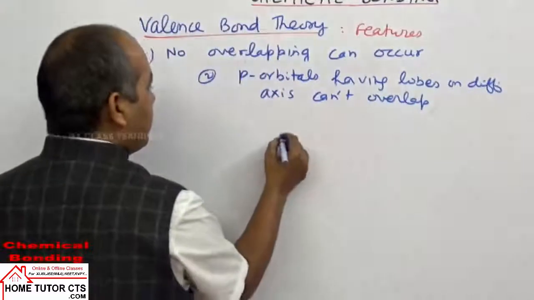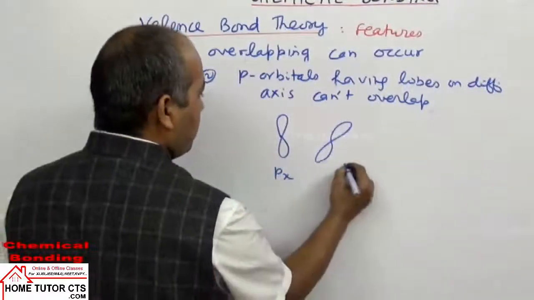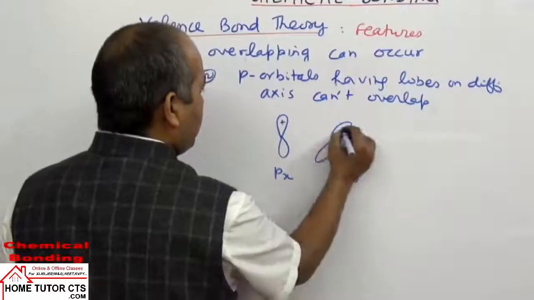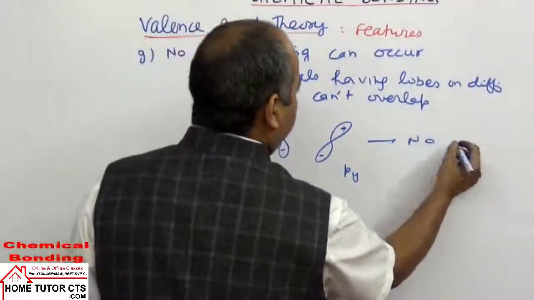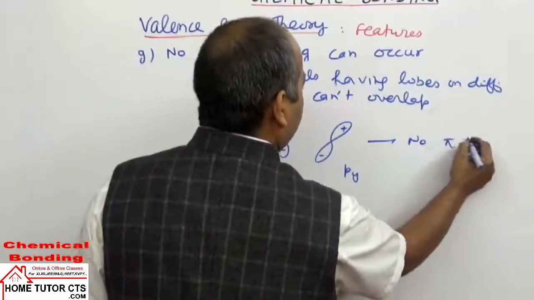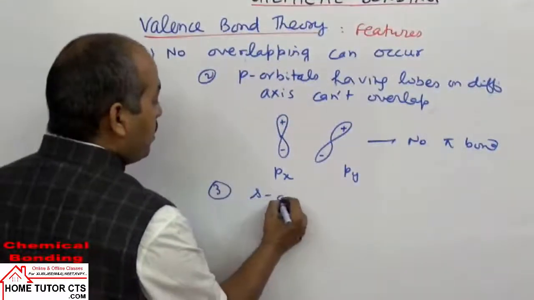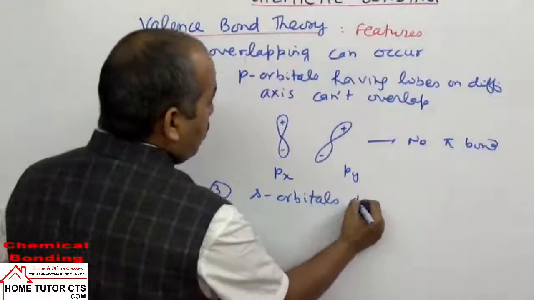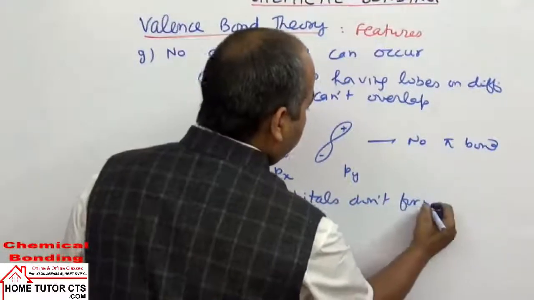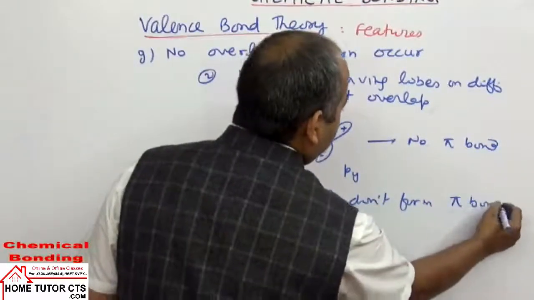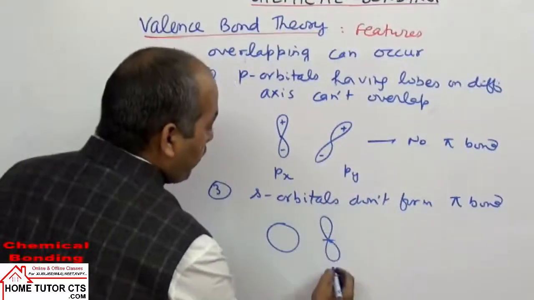Like if I take a px orbital and a py orbital, no overlapping, no pi bond forms. Or s orbitals do not form pi bonds. You can think of the case of an s orbital overlapping with a px or py orbital.